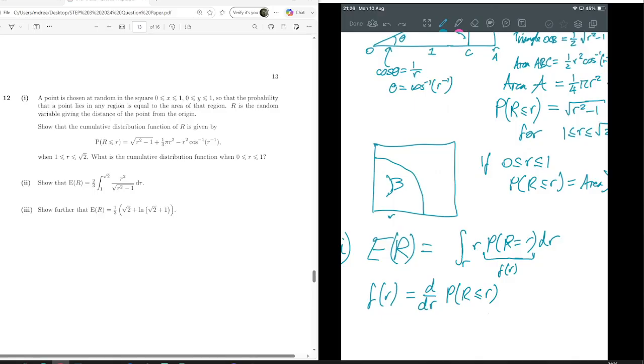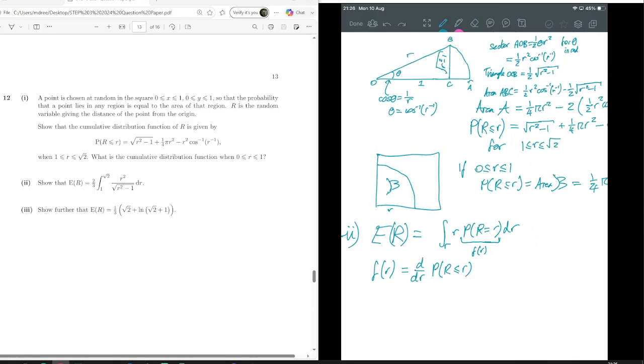Okay, so we need to both differentiate this p less than or equal to r function, and we need to then integrate it with this extra r that pops in, which isn't particularly nice at all.